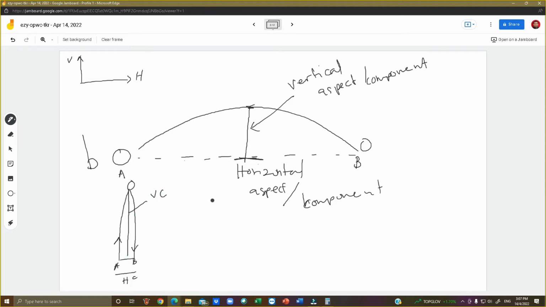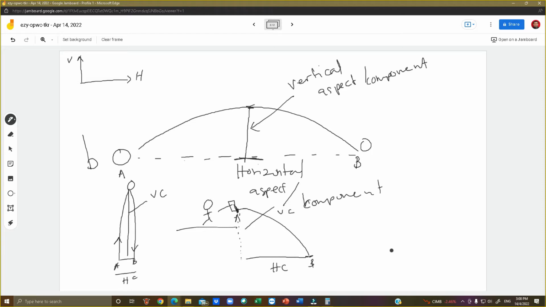Ataupun kita ada dekat atas rumah, duduk atas bumbung tu, we throw hammer down. So from the start of the pathway until the end, this is A, this is B. So we can make an imaginary line. This serves as the horizontal component. And the imaginary line is the vertical component.